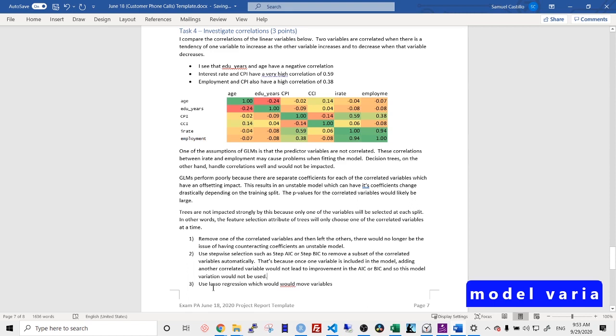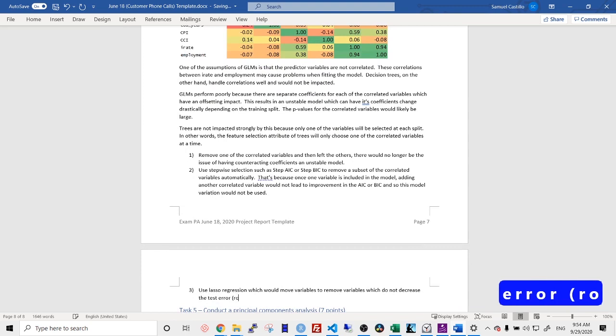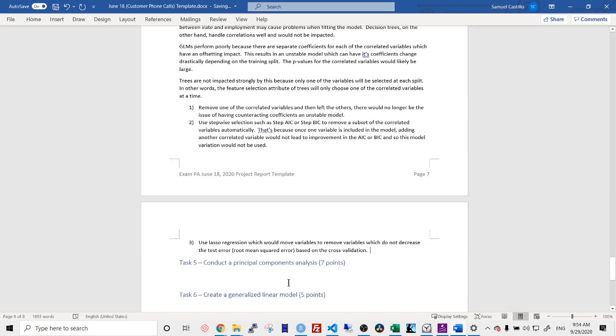Finally, use lasso regression. It would remove the variables which are not adding predictive value. So this would remove variables which do not decrease the test error, which would be root mean squared error, probably based on the cross validation. So you only need to choose one of these answers, and as long as you explain it well, you should get full credit.